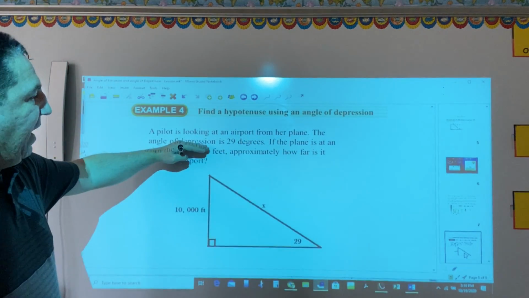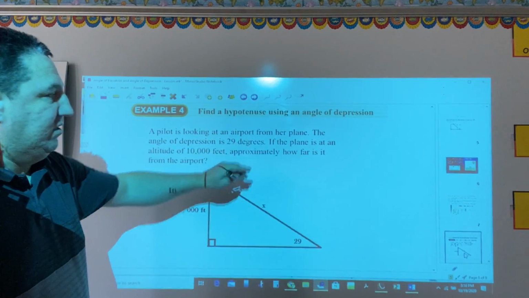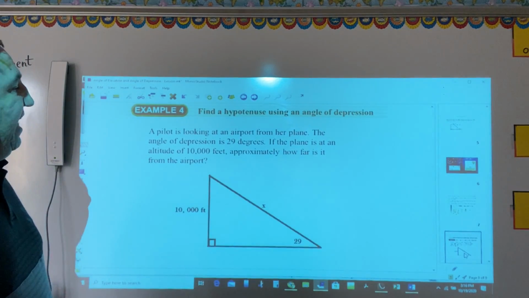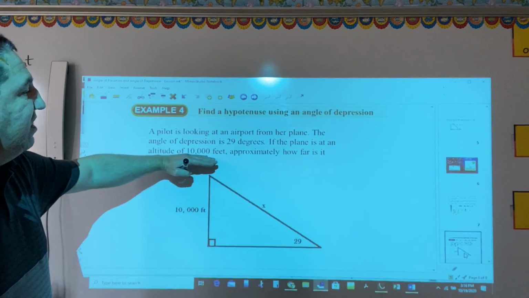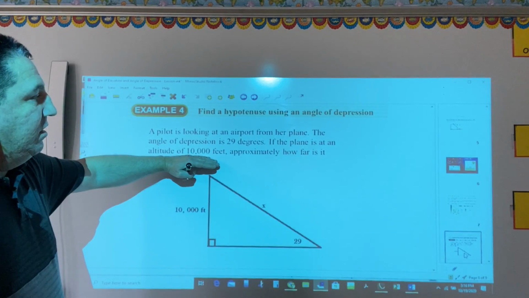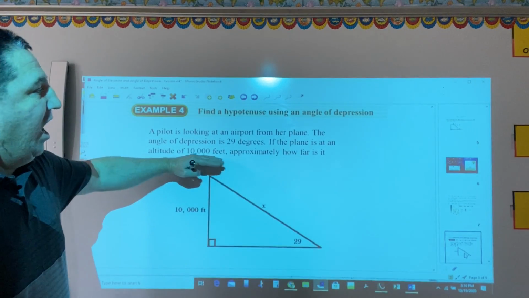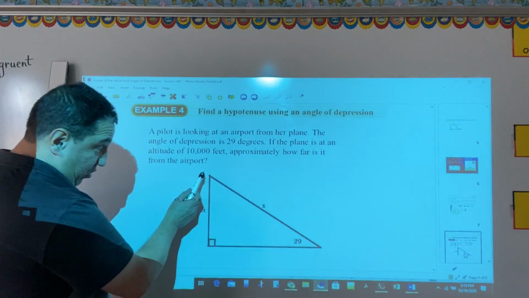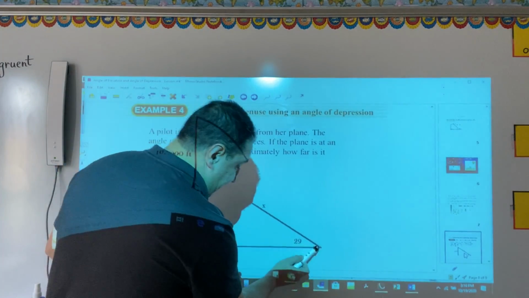The angle of depression is 29 degrees. If the plane is at an altitude of 10,000 feet, approximately how far is it from the airport? In other words, we need to find this side.